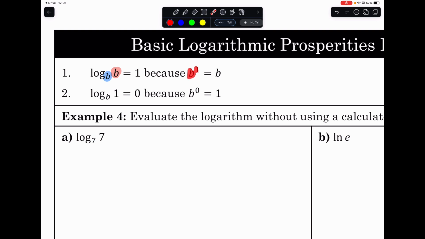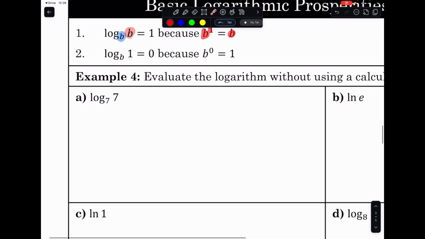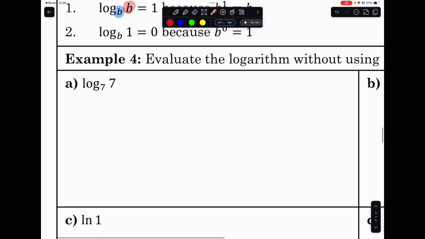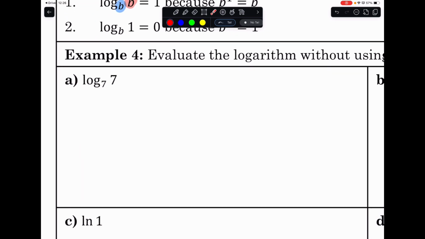So b to the power of 1 is equal to b. So for example, in example A here, log base 7 of 7 is simply equal to 1. That's going to be our solution. This equals 1 because 7 to the first power equals 7.